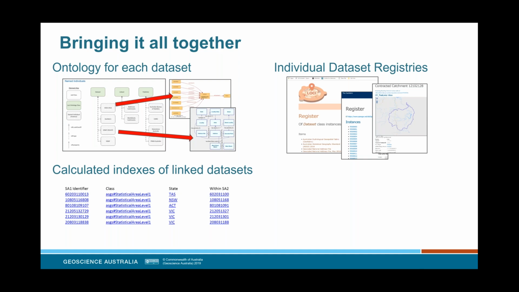On the left hand side, you've got the SA1 statistical mesh block identifier, and then you've got the different links off to different aspects of that data, and a relationship: this is within this SA2 object or geography, which is a different set of objects, a different data set. And so you can do that.